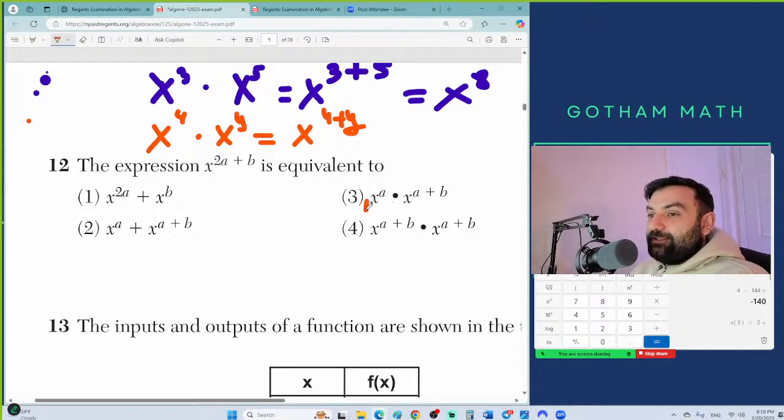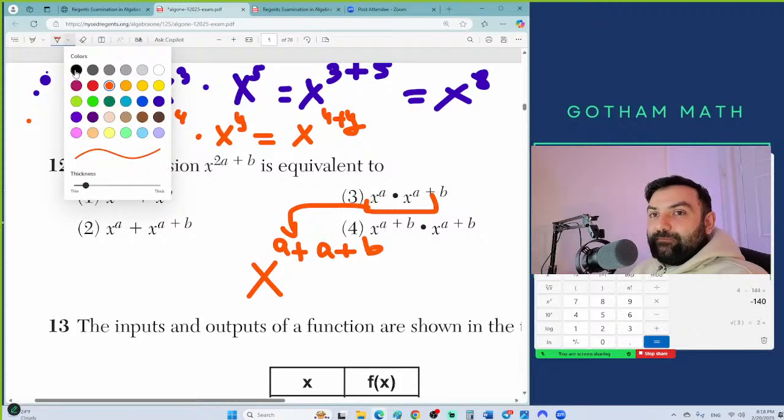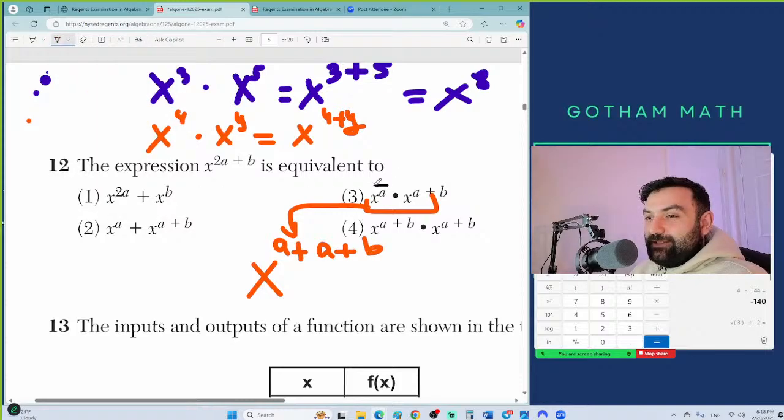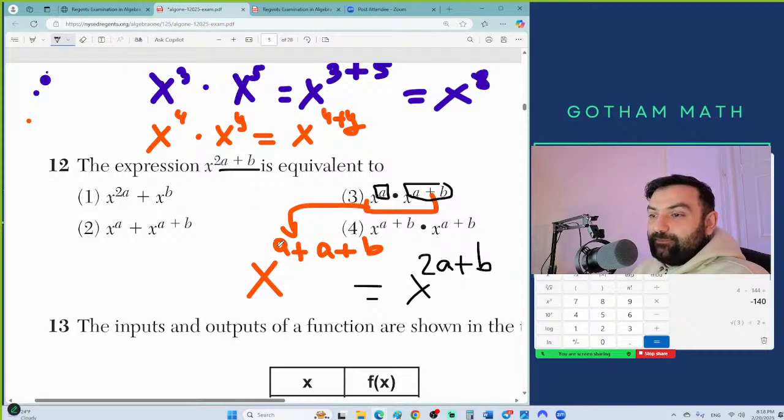So technically this will be x to the power a plus b, this a, and this a plus b. And a plus a plus b is going to be 2a plus b, because a plus a is 2a, and that's it. That's the answer.